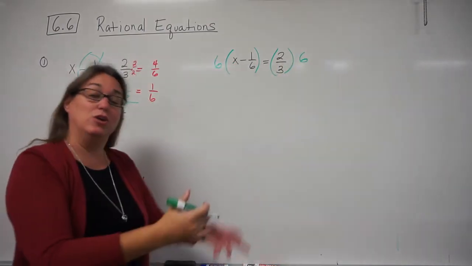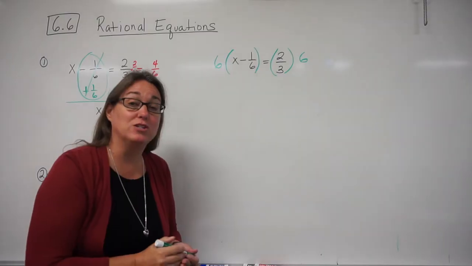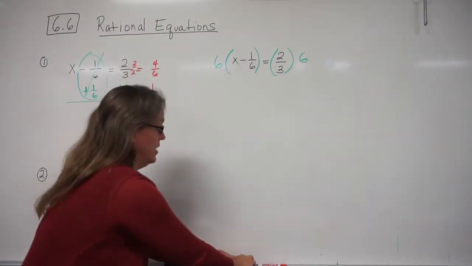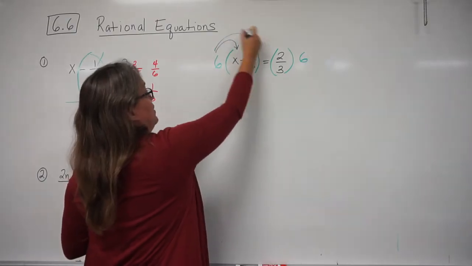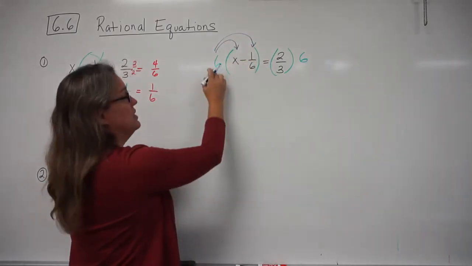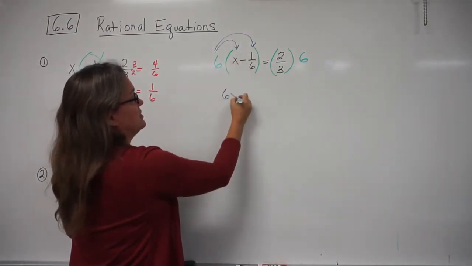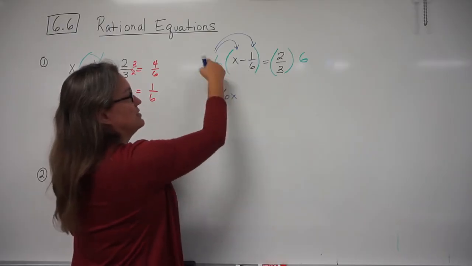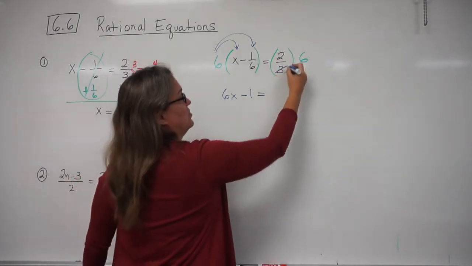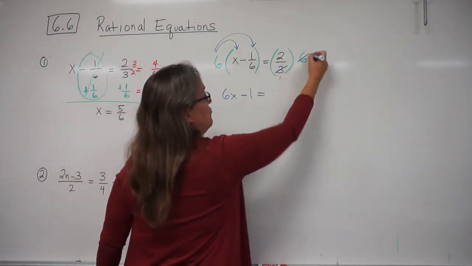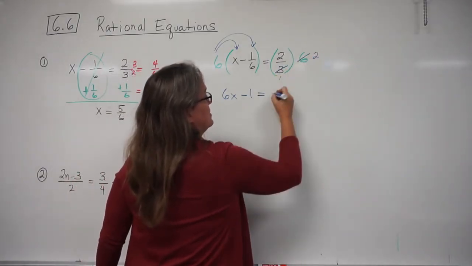It's an equation. You may multiply both sides of the equation by the same thing. So we're going to distribute the 6 through on the left where we have two terms. This gives us 6x. And 6 times 1/6, those 6's cancel. And here I can do some reducing. 3 goes into itself once and into 6 twice.